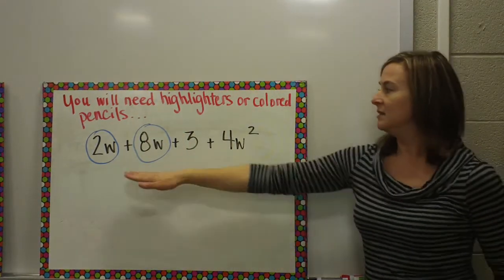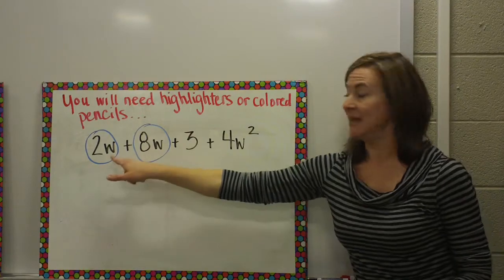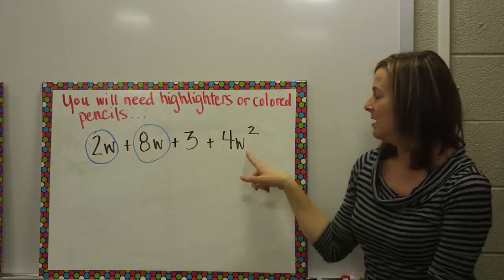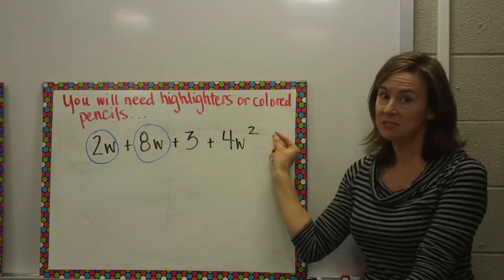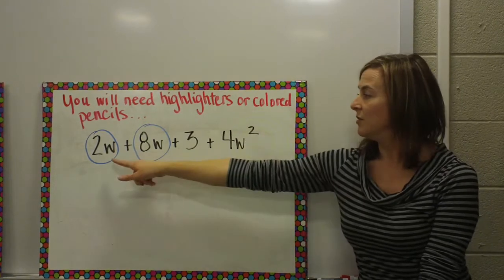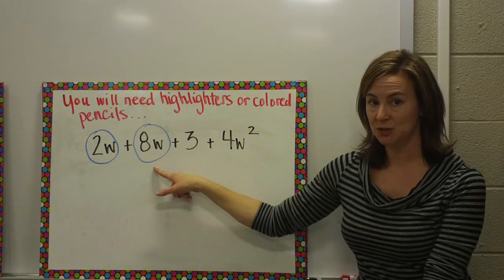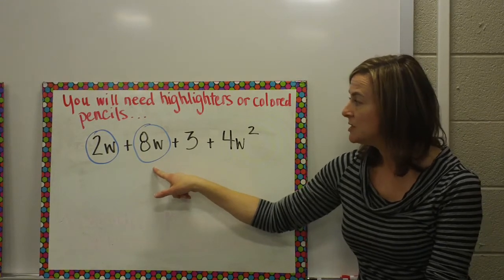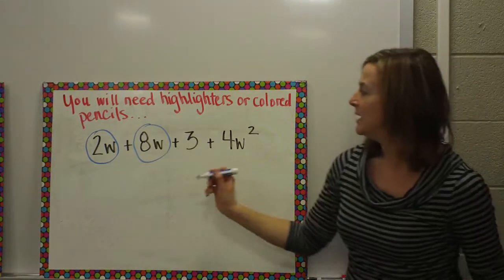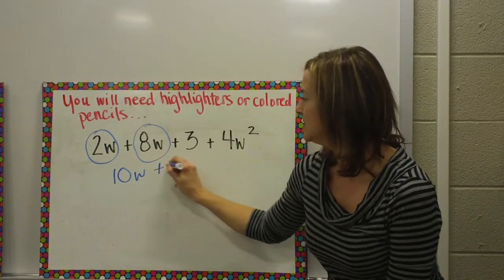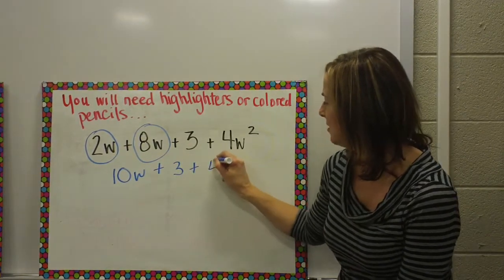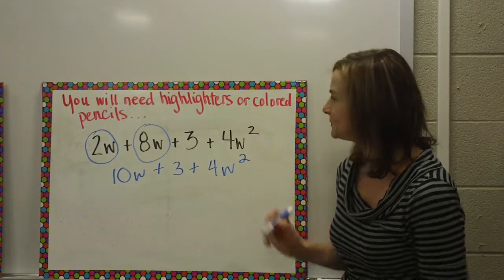Remember that these have to be exactly the same variable. This would not get combined because it's a variable that has an exponent attached to it. So my first like terms here would be 2W plus 8W. So that's going to be 10W, and 3 and 4W squared.